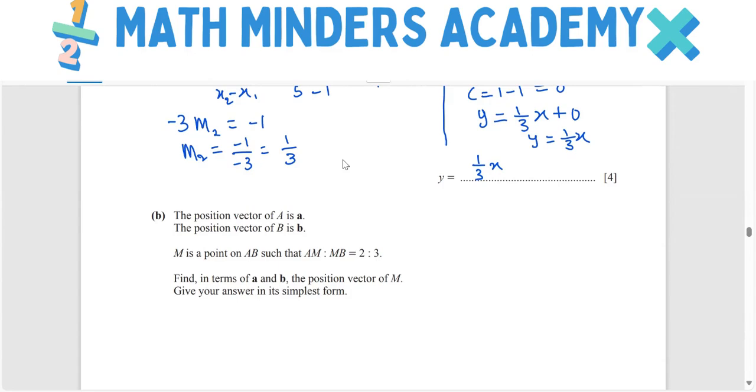Find, in terms of a and b, the position vector of M, and give your answer in its simplest form. Now, we know from what is given, the position vector of A is written as OA and is vector a. And the position vector of B, which is OB, is b, okay?